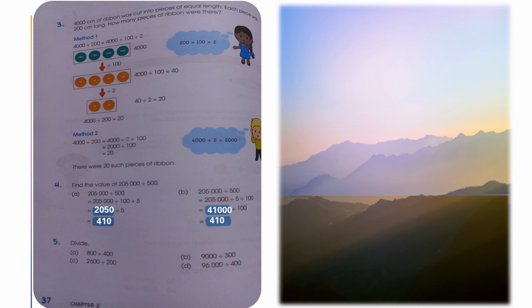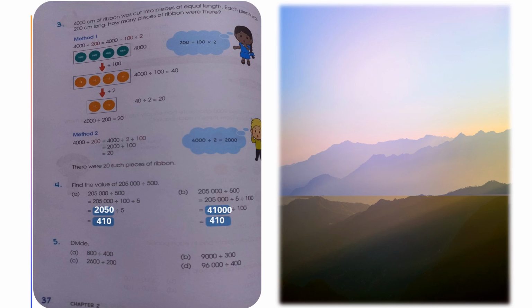Whereas in method 2, we first divide 4000 by 2 and then the resultant by 100. But in both situations, the answer remains the same. So you can adopt any method for solving the questions.